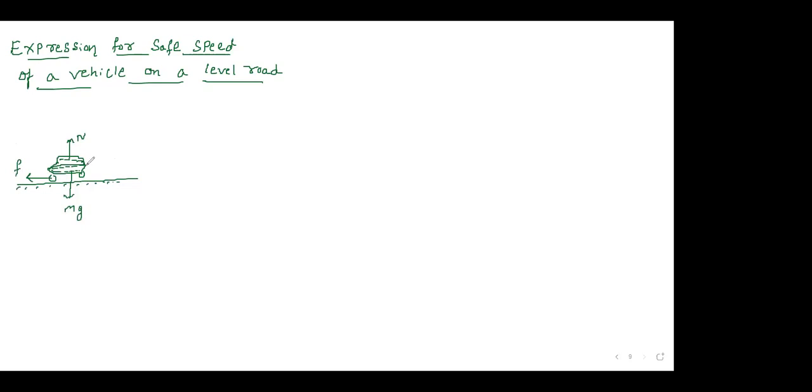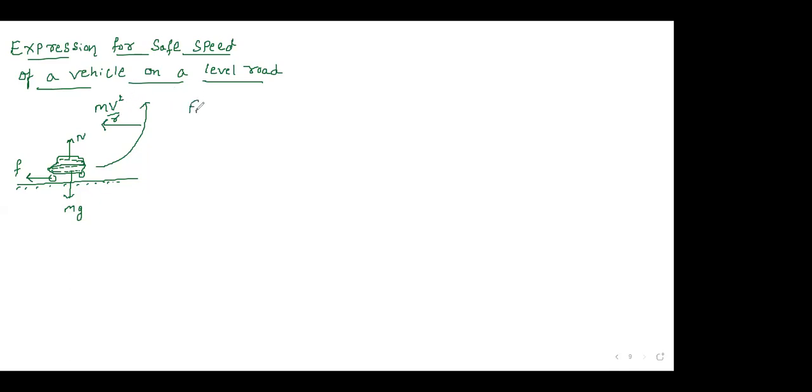Now, if this vehicle is taking a turn on this level road, it is taking a curved path. While taking the curved path, there will be a centripetal force acting towards the center. What is that centripetal force formula? V squared by R is the centripetal acceleration.